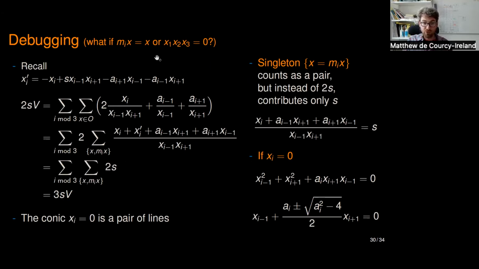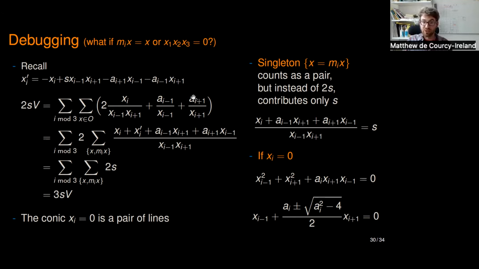So you have to deal with that somehow. So here's the proof just written out again on the left with the definition of the move. 2sv ends up being equal to 3sv. The first issue is easy to deal with. If x equals mix, that still counts as a pair, but instead of getting xi plus xi prime, you're only getting one term, xi, and the fixed point equation tells you what that term is.